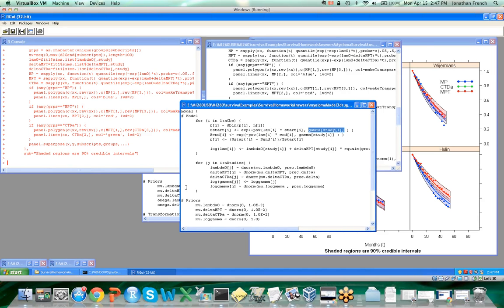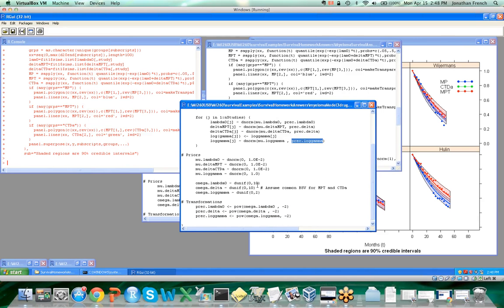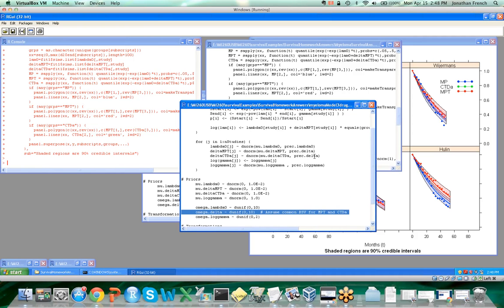In that hierarchical formulation of the model, we're saying that the log of the gammas follows a normal distribution with some between study mean, that's mu.log gamma, and between study precision of prec.log gamma. And then I put a uniform prior distribution on the between study standard deviation of those gammas. And as before, I made the assumption that the between study variance of the deltas is the same, the delta MPTs and the delta CTDAs.